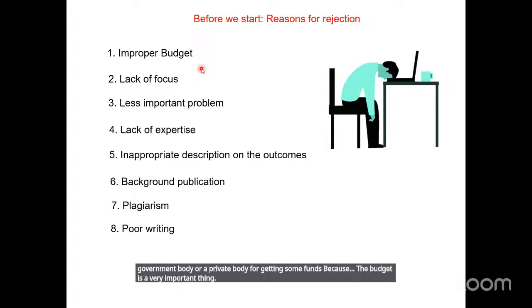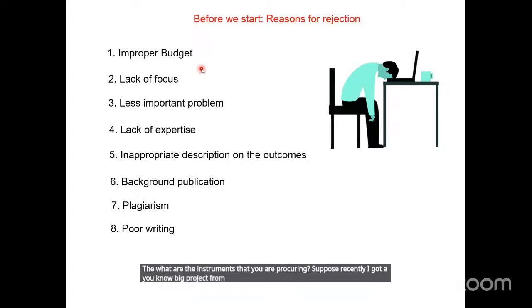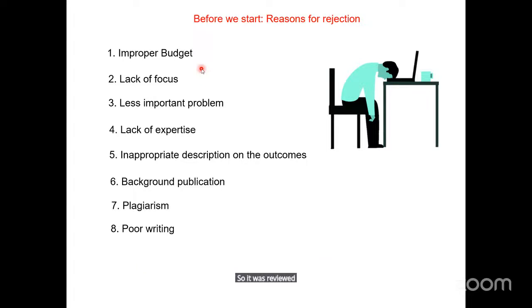What are the instruments that you are procuring? Recently I got a big project from the Department of Biotechnology, Government of India. It was reviewed by the funding agency thrice, and repeatedly they asked me about the budget.